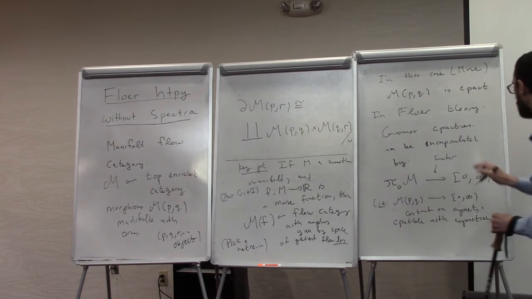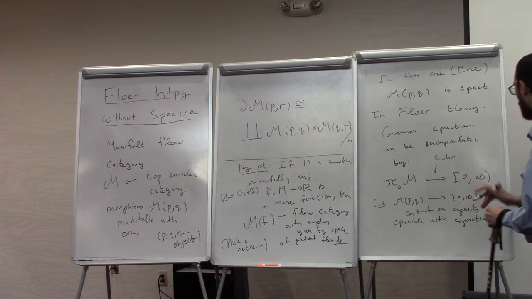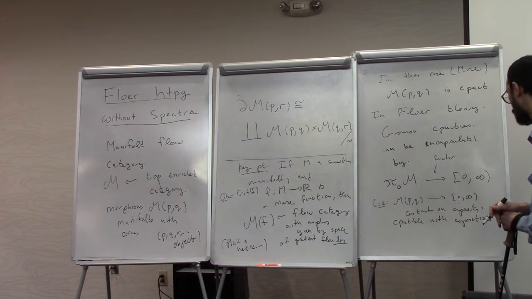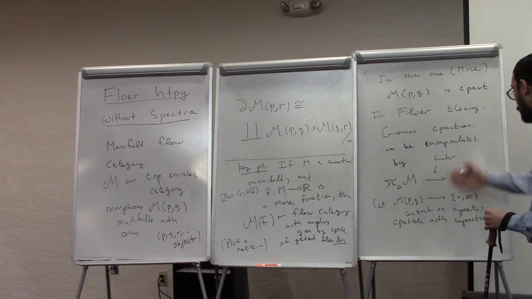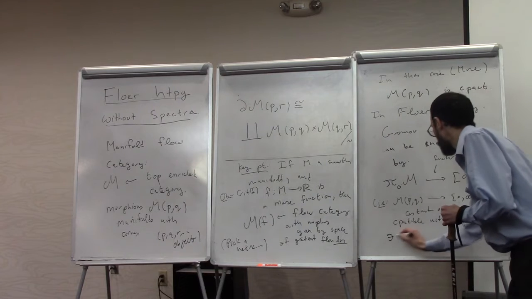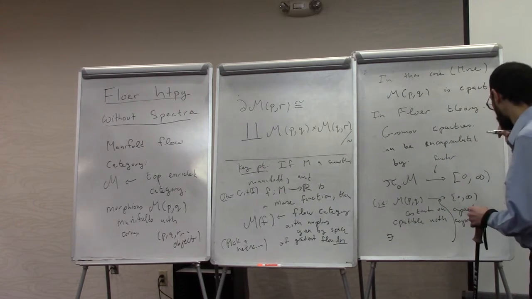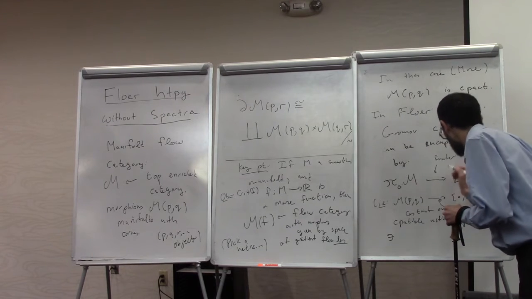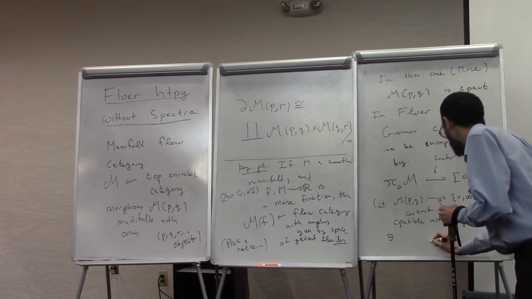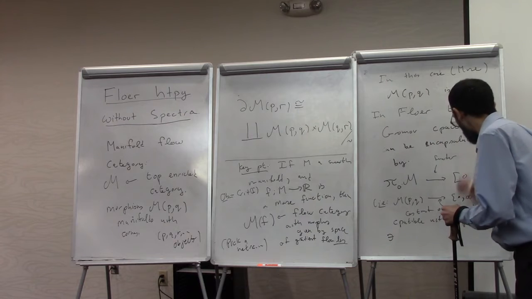Composition here is addition. This is like the category with one object. And composition here is addition. And when you have this data, you would like this map to have discrete image and be bounded.